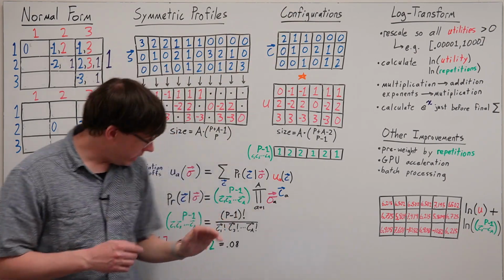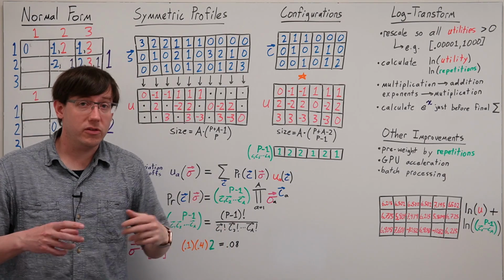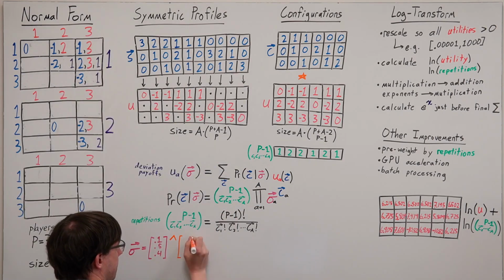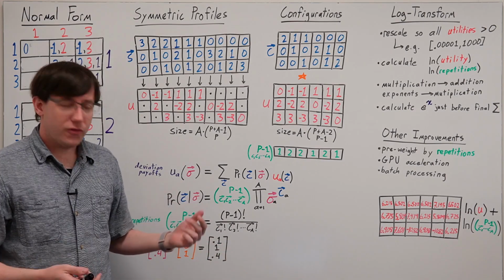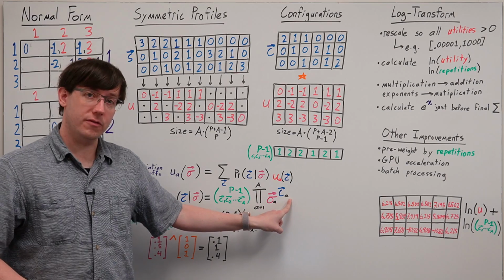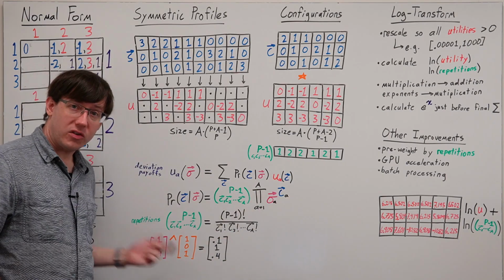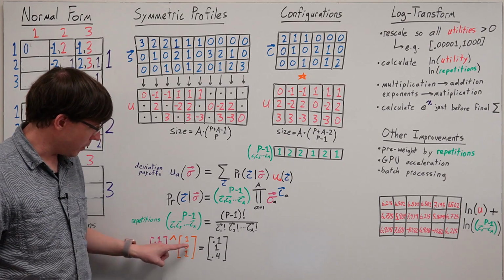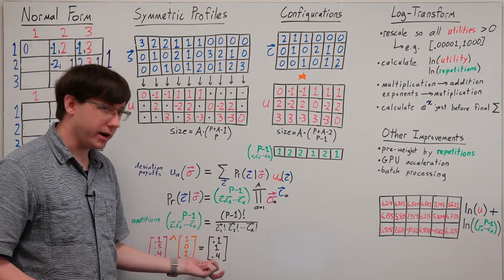And it's worth rephrasing our example here to look more like the calculation we would actually do. The first step of raising the probabilities to the configurations can be done element-wise on these vectors. We'll raise this probability to this power, this probability to this power, and so on, giving us this vector.